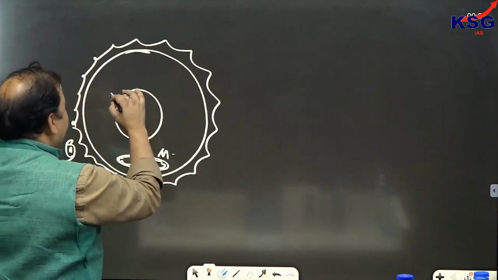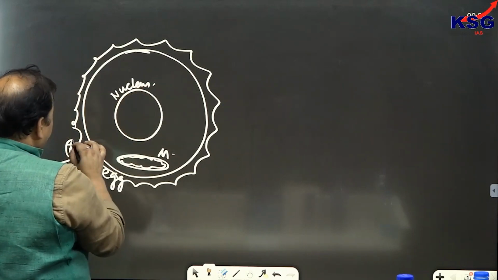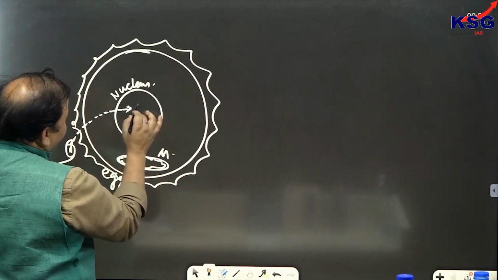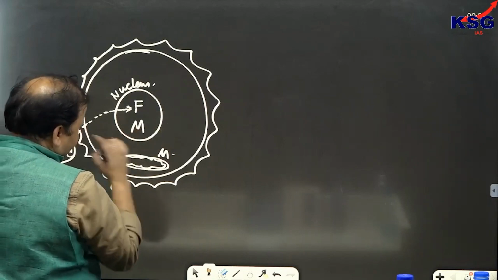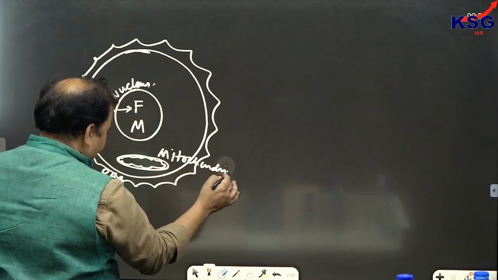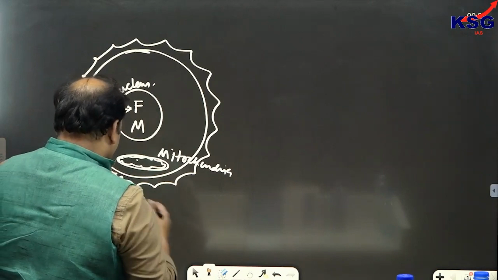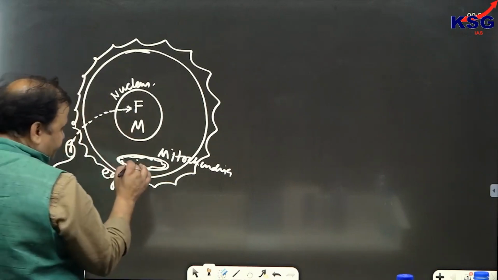And this is the nucleus of the mother. So when fertilization occurs, the genetic material of the father only reaches the nucleus, where the father's and mother's genetic material is present. But it does not reach the mitochondria. And you know that DNA is present in mitochondria.